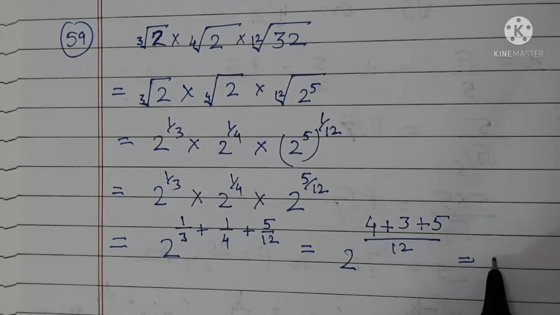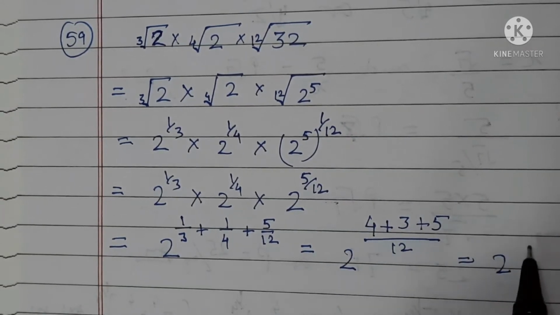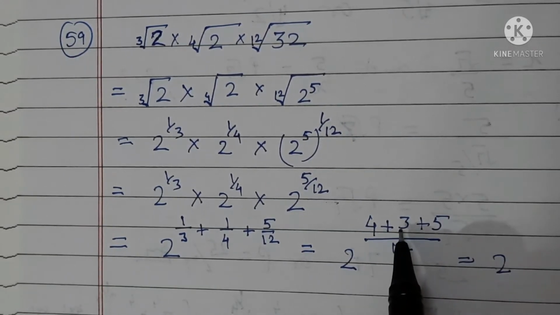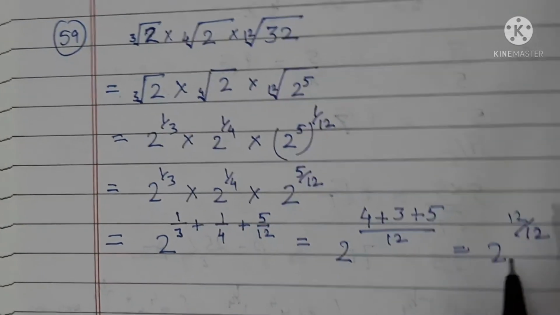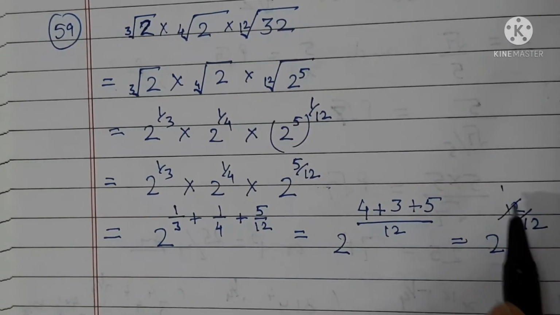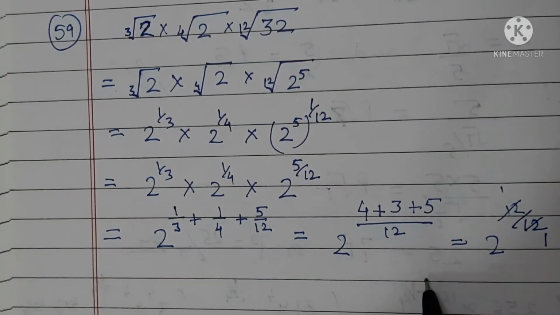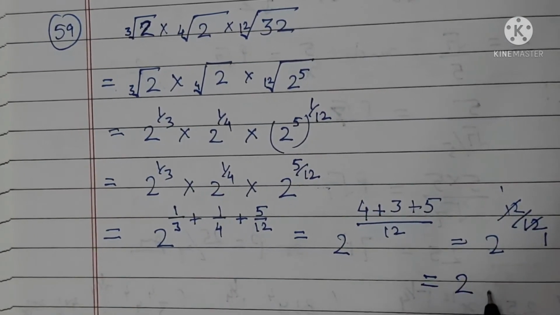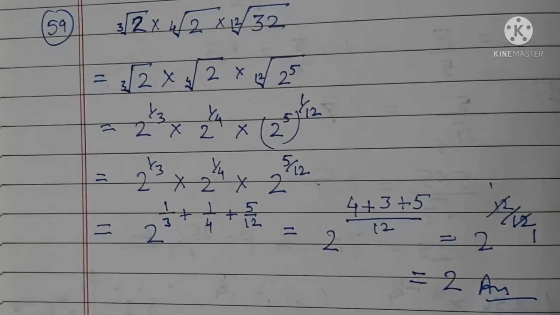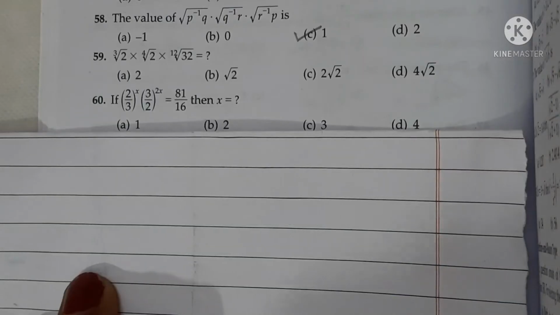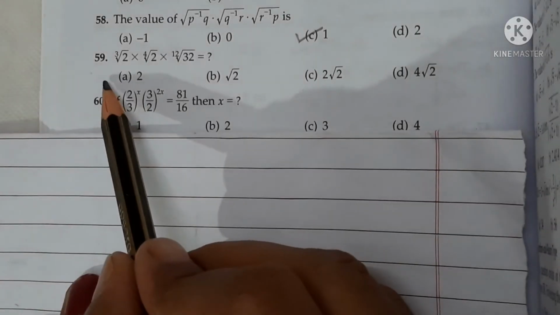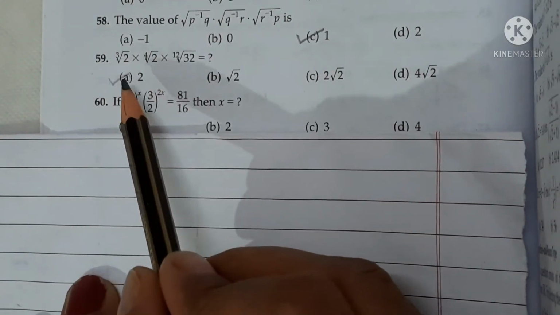Add all the numbers, 2 to the power of 12 upon 12, 4 or 3, 7, 5, 12. 12 upon 12. Now 12 ones are 12, 12 ones are 12. You will get 2 answer. So which option is correct? Check. Option A is correct. Question number 59.